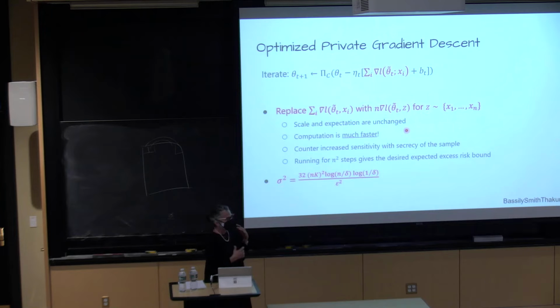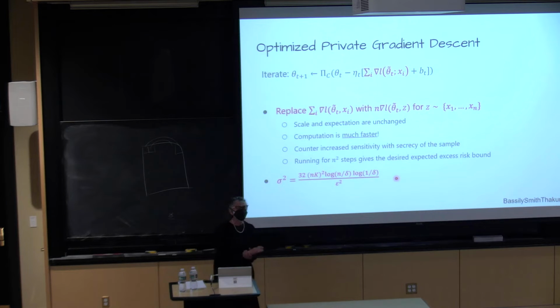And so the privacy is maintained, the scale stays the same, the expectation stays the same, the computational costs improved dramatically. And when you run for n squared steps, you get the desired expected excess risk bounds. And this is the value of sigma squared.